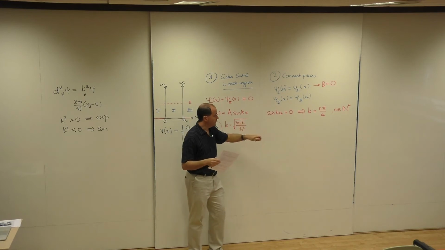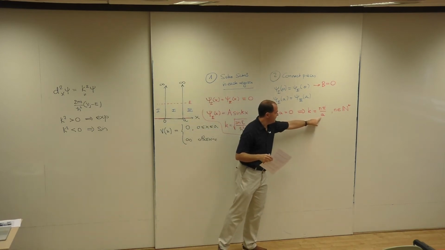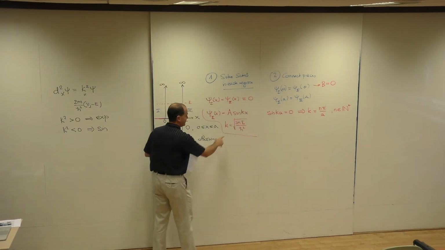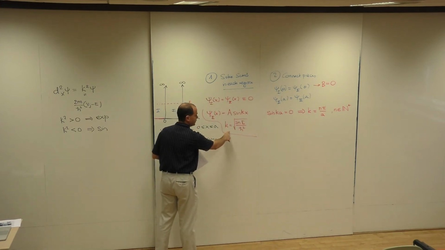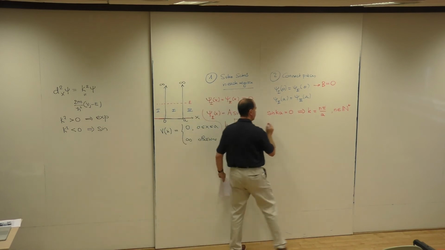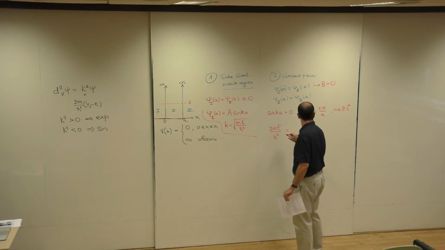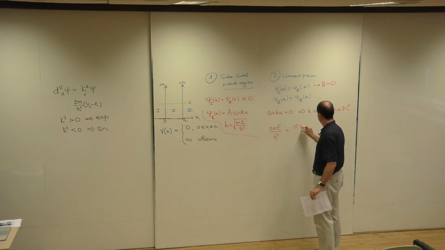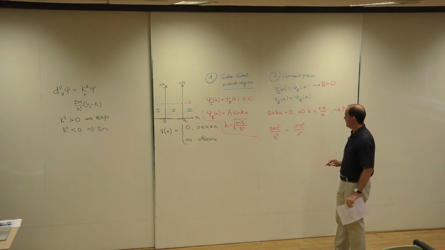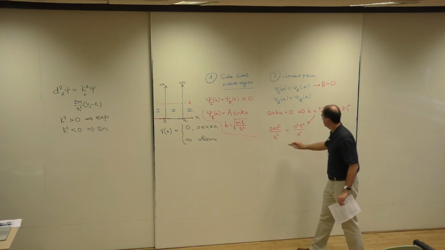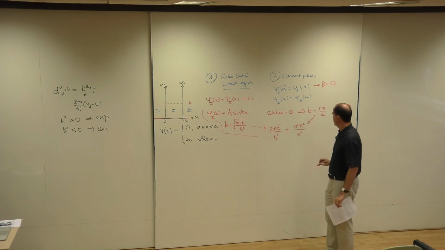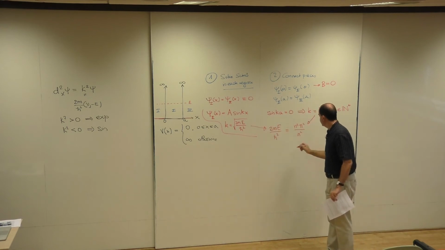But this is very interesting, right? Because look at what this means. K equal to that, but k was this, right? So this means, if I equate the two of them, it means that 2mE over h bar squared is equal to n squared pi squared over A squared. And so this is these together with that. And, well, just rearrange the terms.